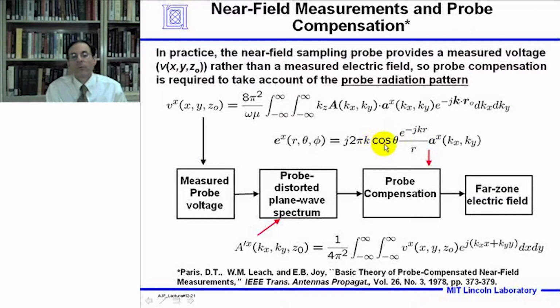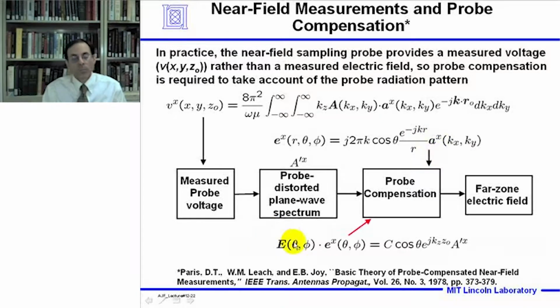It's proportional to the cosine of theta and e to the minus jkr over r times the probe plane wave spectrum. The probe distorted plane wave spectrum can be written in terms of the dot product of the electric field of the antenna under test that's desired times the electric field of the probe antenna, and that's equal to cosine theta e to the jkz z0 times the probe distorted plane wave spectrum.